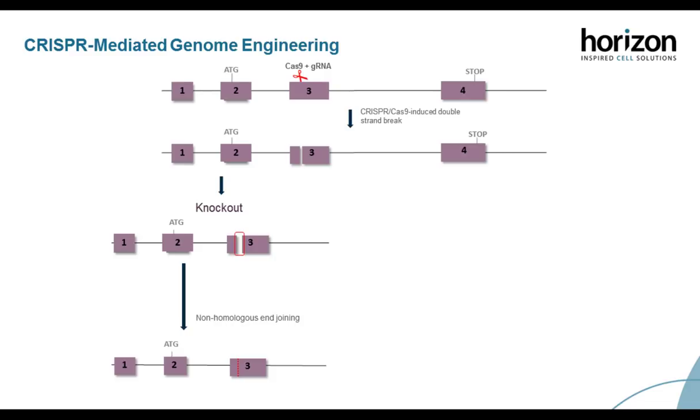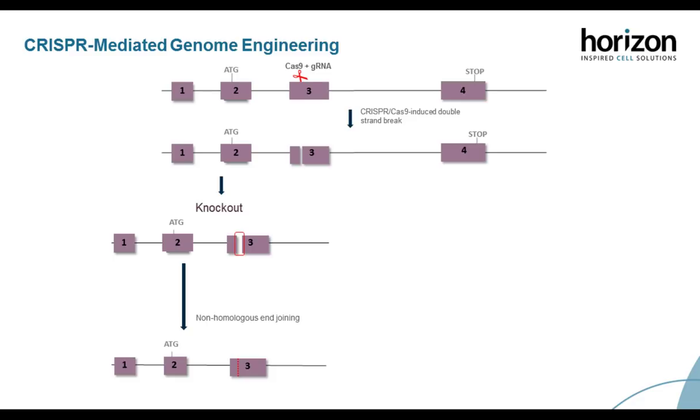This repair machinery is quite error-prone and often results in small insertions and deletions within the cell. And it's these small insertions and deletions that can cause frameshifts in your protein coding sequence and result in a premature stop codon within your gene, making a non-functional protein. So it's really just how the cell repairs this Cas9 cut that generates these knockouts.